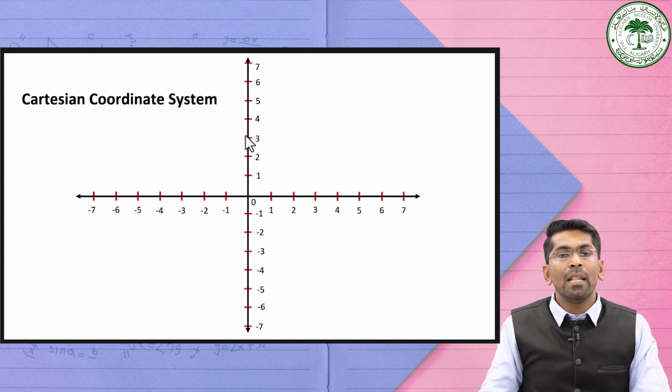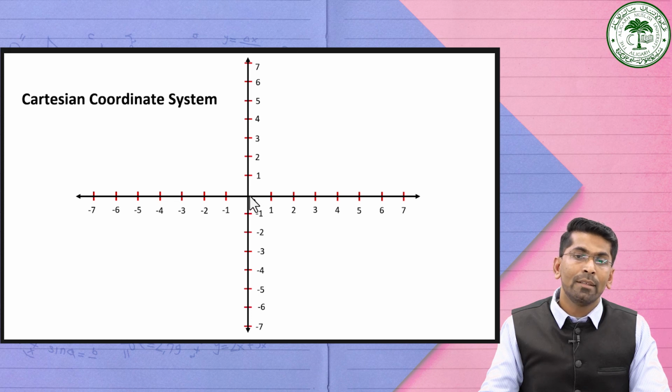The horizontal and vertical number scales are perpendicular to each other in such a way that their 0 points coincide at the origin. The resulting structure is known as a Cartesian coordinate system, or a Cartesian plane.